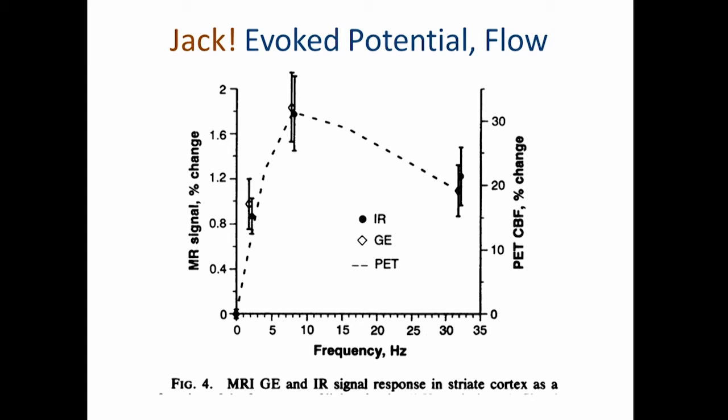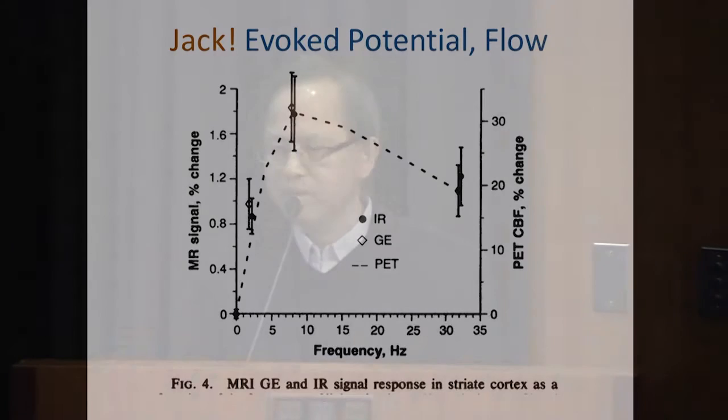His proposal was: in evoked potentials, we know that if you change the flickering rate of your visual stimulus, you get different amplitudes of the evoked potential. And Peter Fox also did that in his PET study already. We wanted to see whether our MRI result would match the evoked potential result and the PET result.